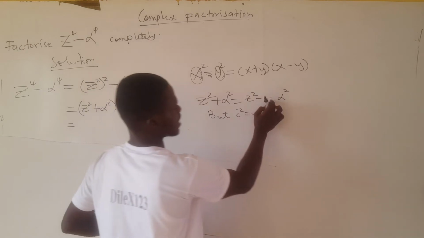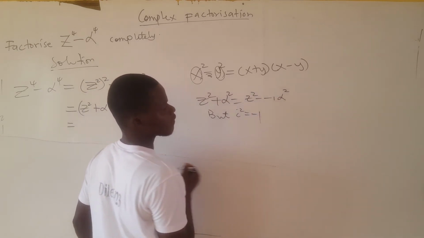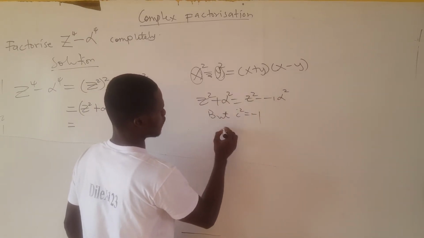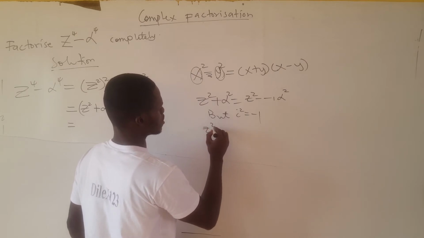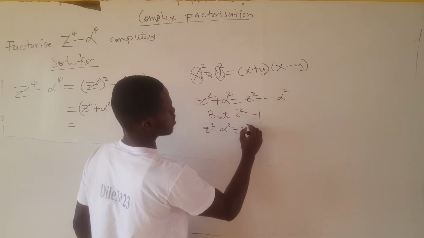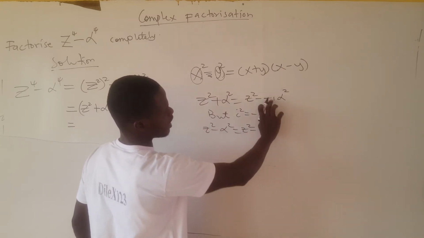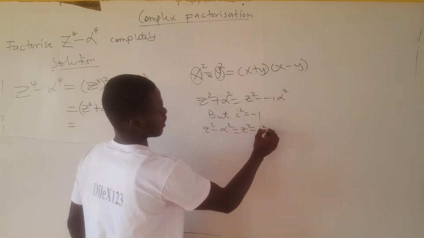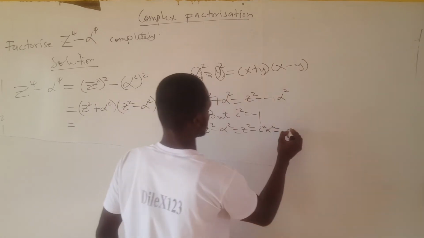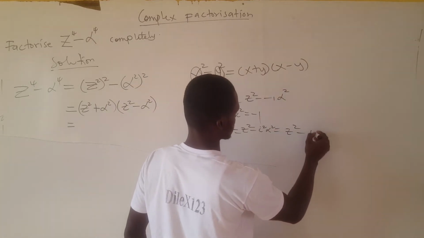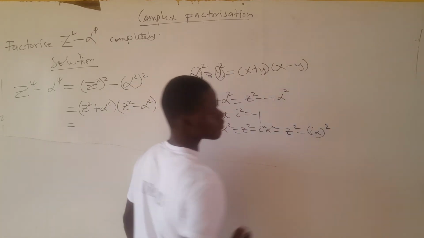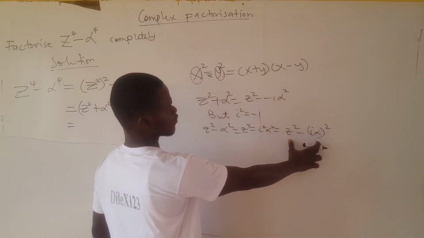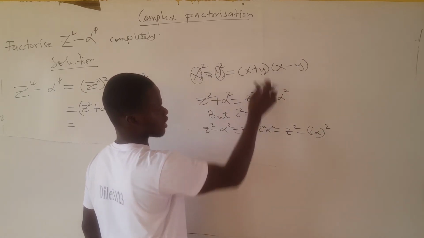So we put i squared in place of the negative 1 here. So z squared plus alpha squared equals z squared minus i squared alpha squared, and this is the same as z squared minus (i alpha) all squared. This is now a difference of two squares, and we can apply the same understanding.